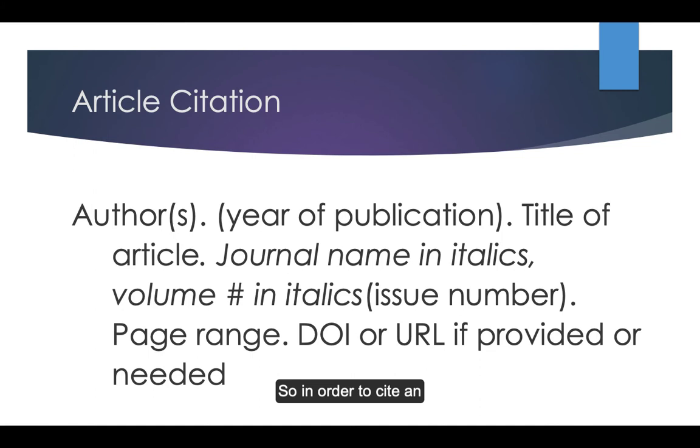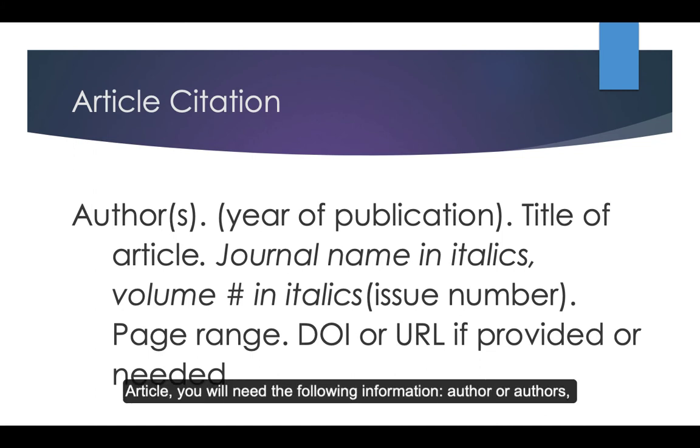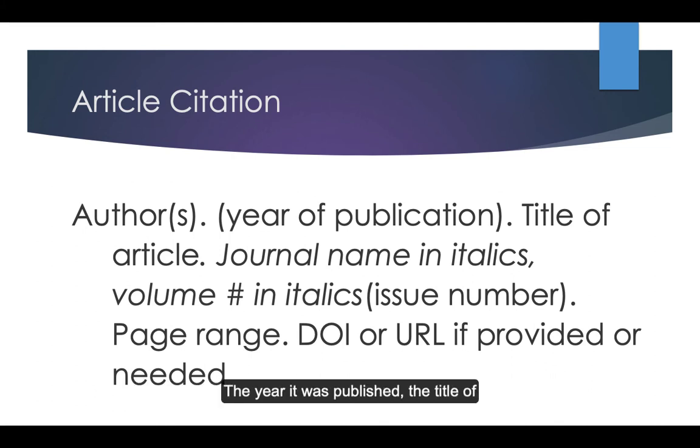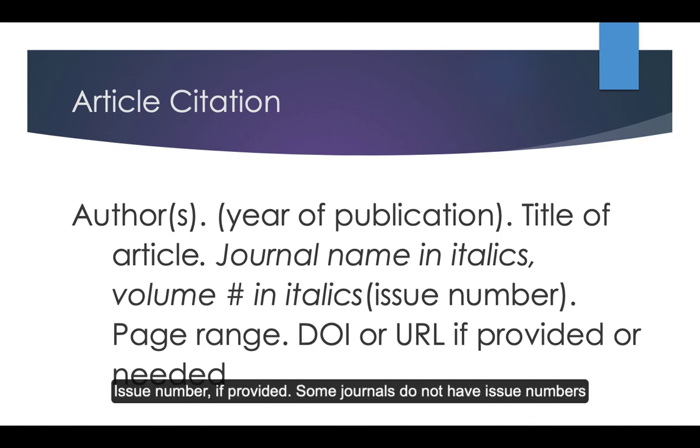So in order to cite an article, you will need the following information: author or authors, the year it was published, the title of the article, the journal name in italics, the volume of the journal in italics, the issue number, if provided. Some journals do not have issue numbers, but if they do, please include it there in parentheses, followed by a period, the page range.